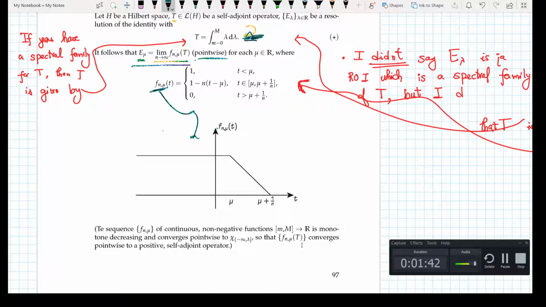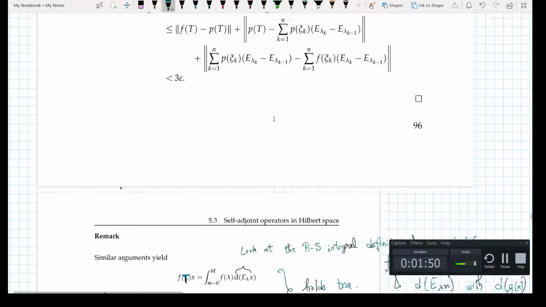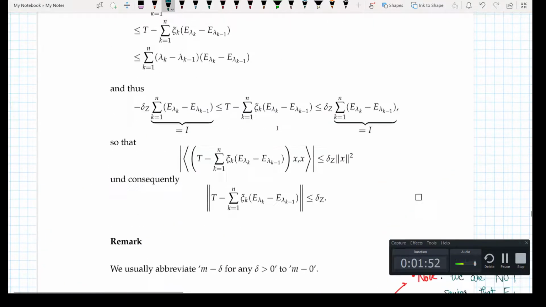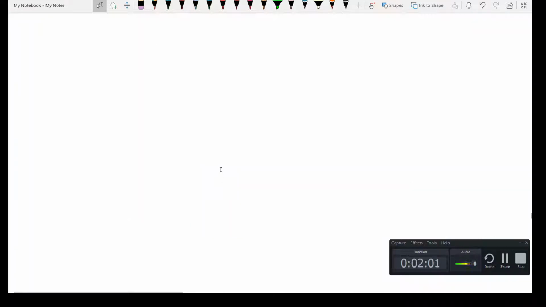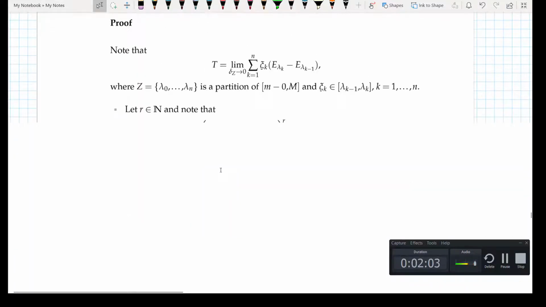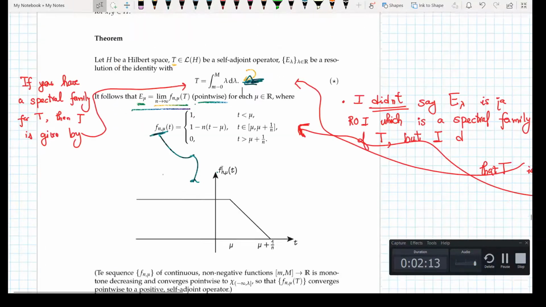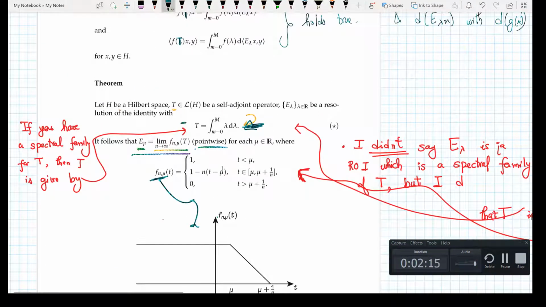The next thing I can say is that if E lambda is a resolution of identity, and T is self-adjoint with this formula, and f is a continuous function, then it follows that f of T can be given like this. The next thing I say is that if E lambda is a resolution of the identity and T is self-adjoint with this formula, then E mu can be calculated with this limit, and this limit is pointwise.